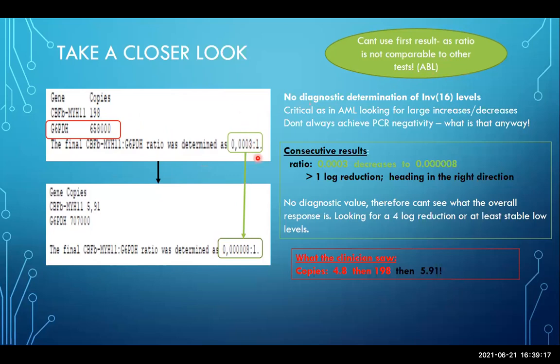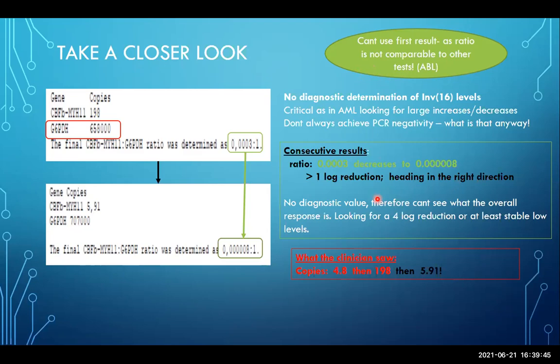And then after 3 months, it went down to 0.508. So this had been a massive reduction, almost a log reduction, which means that it was heading in the right direction. Unfortunately, couldn't compare it to the 1 month before because the ratios would have meant nothing.